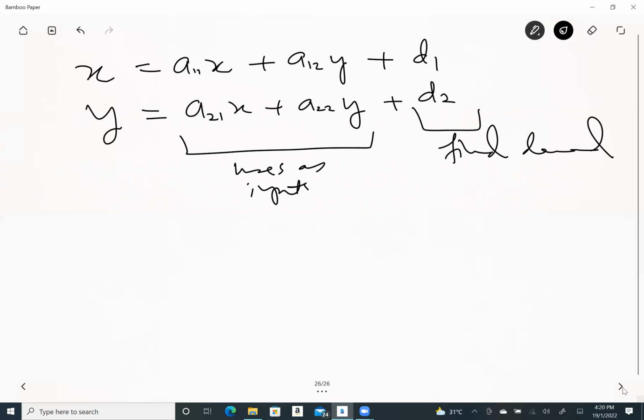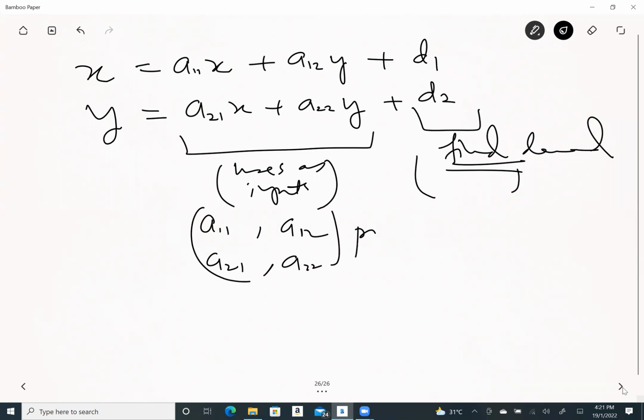And this is the final demand or surplus. So some proportion of the total output will go into inputs, and some amount will go into final consumption. A11, A12, A21, A22 are the proportions, just like per unit, per unit average, something like that.